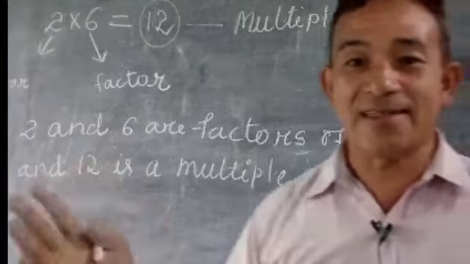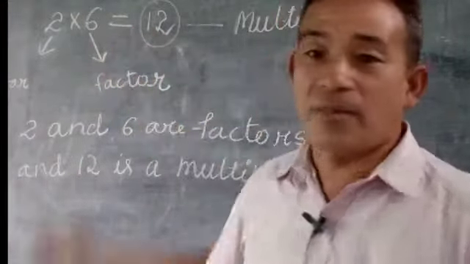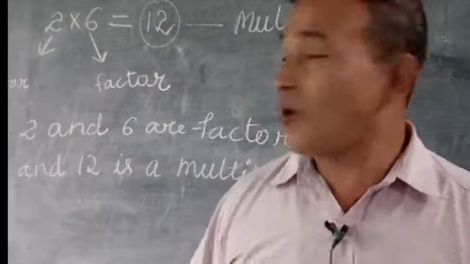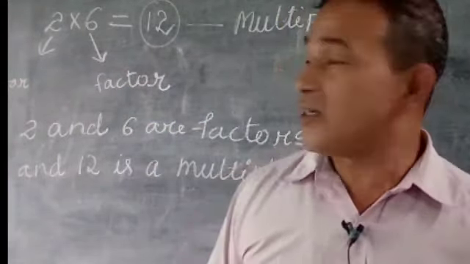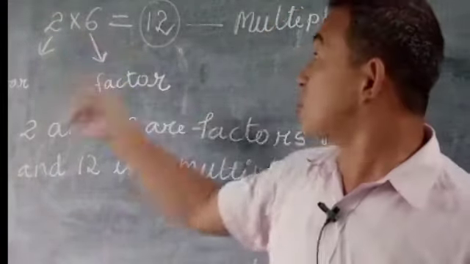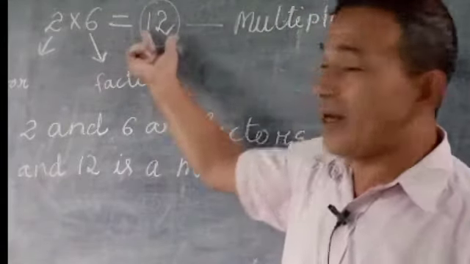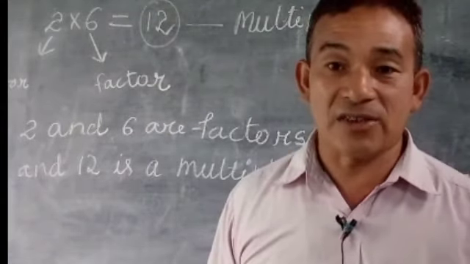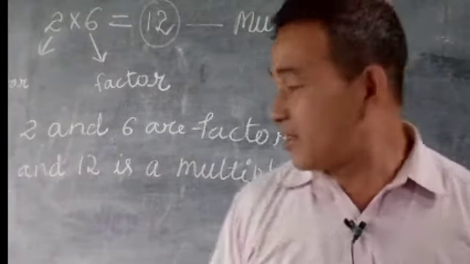And you shouldn't think that only 2 and 6 are factors of 12. Are there not any numbers besides 2 and 6 as factors of 12? There are so many numbers which are factors of 12.